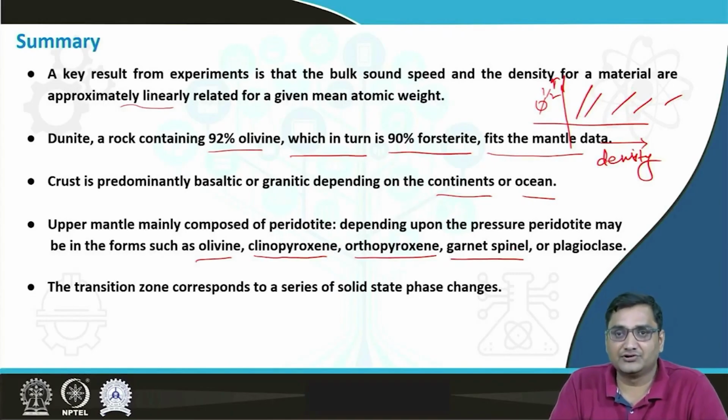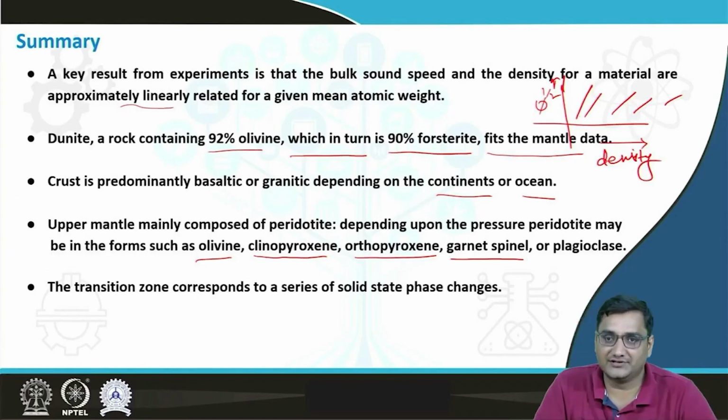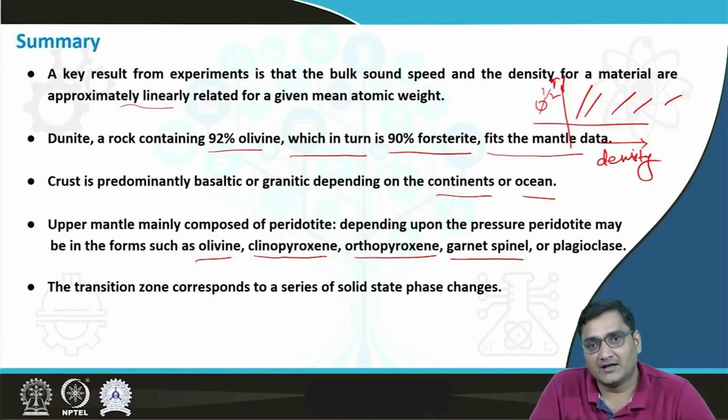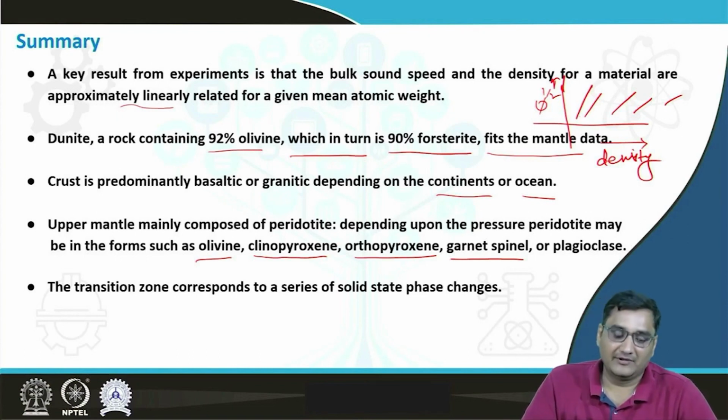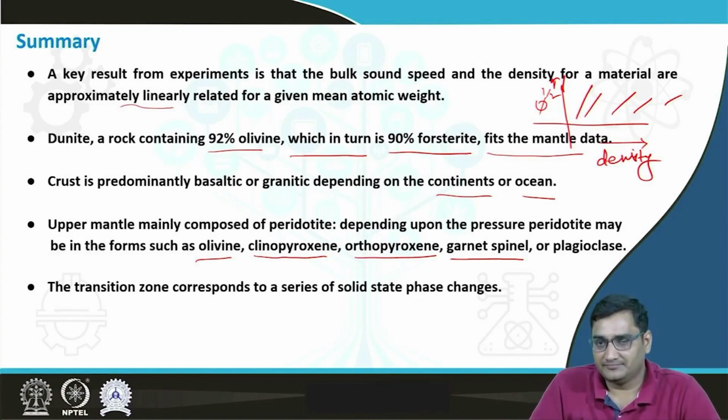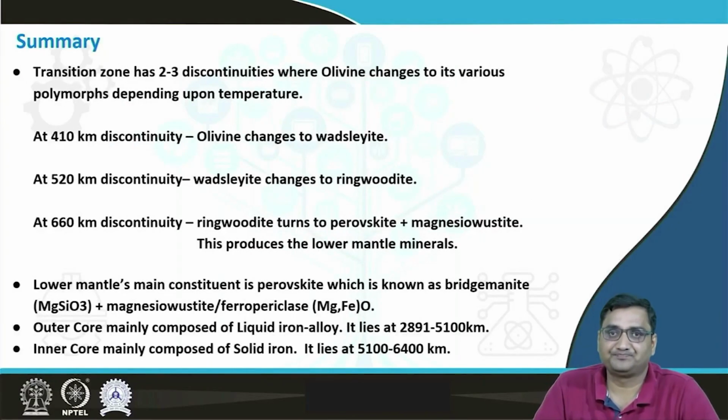The transition zone corresponds to a series of solid state phase changes, like from alpha olivine to beta olivine, then from beta olivine to gamma. That basically doesn't change the chemical composition, but the structure does change.